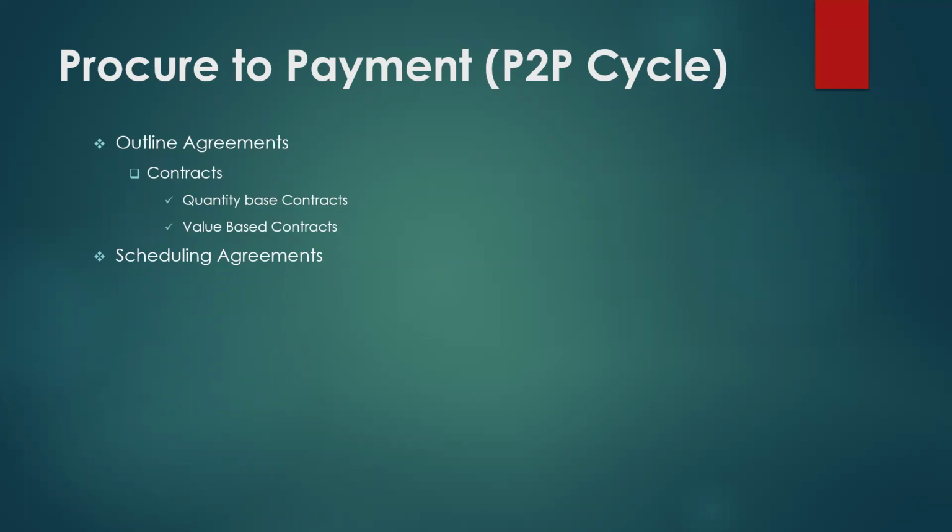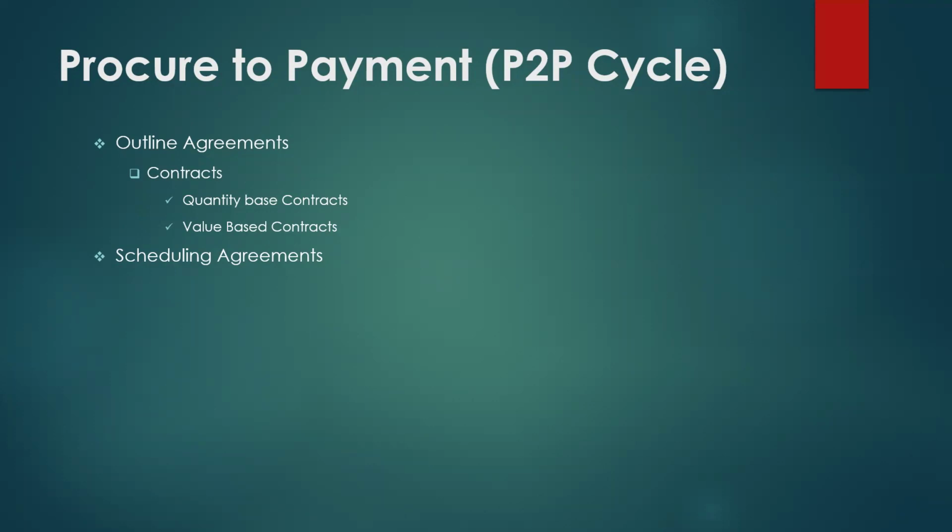Quantity based contracts are based on quantity, and value based contracts are based on value. When the requirement comes, the contract will be converted into a purchase order. One contract can be converted into multiple purchase orders.